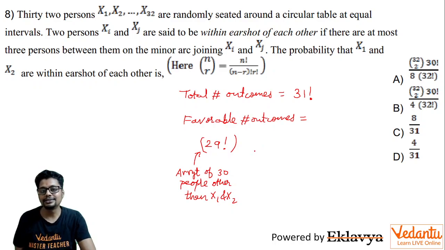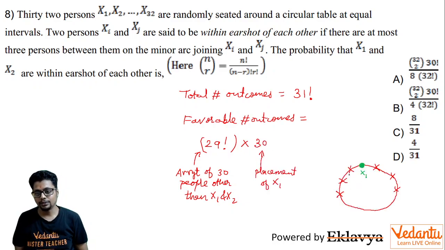Now, having arranged these 30 people, x1 can be put between any 2 people out of these 30 people. So there will be 30 gaps. It's a circular table, 30 people have been put, so there are 30 gaps. In those 30 gaps, x1 can be put in any of them.